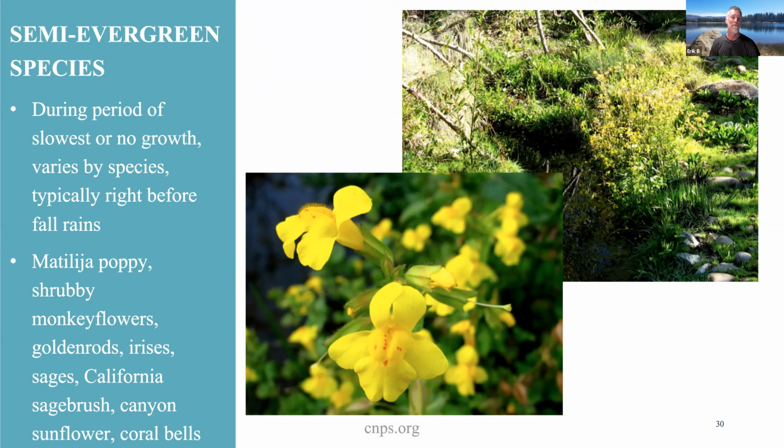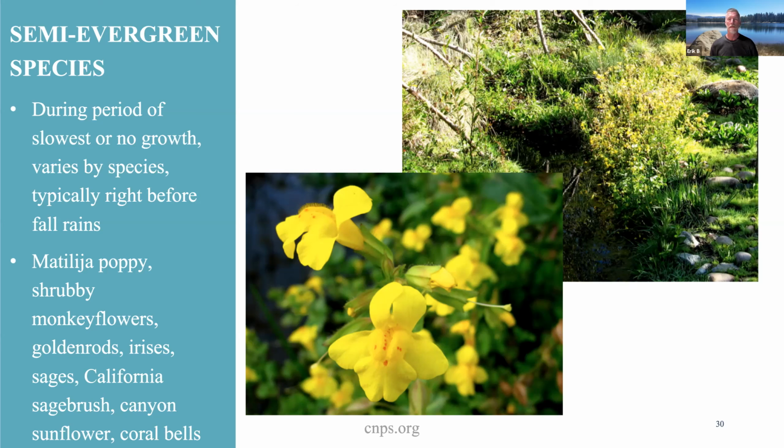On a semi-evergreen species, I don't know if I'd call a Matilija poppy semi-evergreen. I guess it doesn't go completely dormant is what it's saying. So you cut those back when they're in the period of slowest growth. So right now is when we're cutting our Matilija poppy.